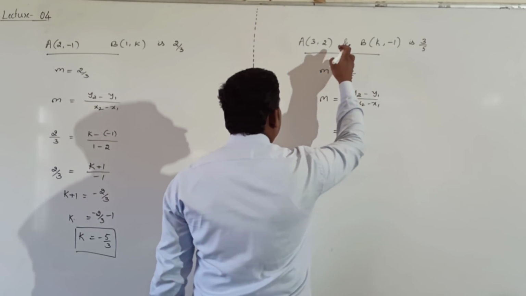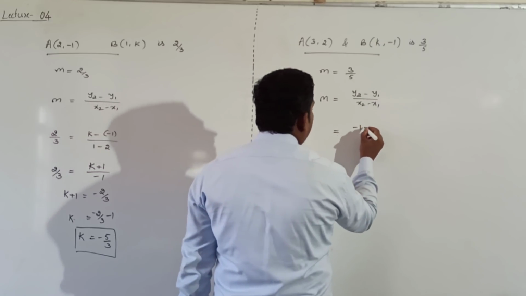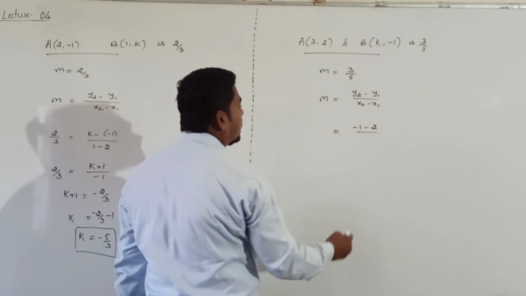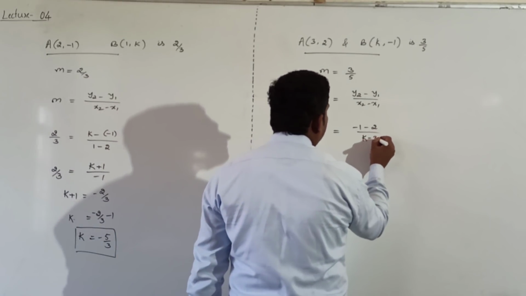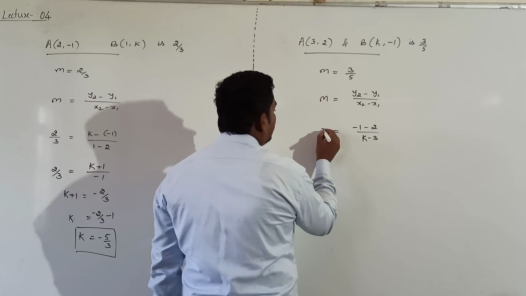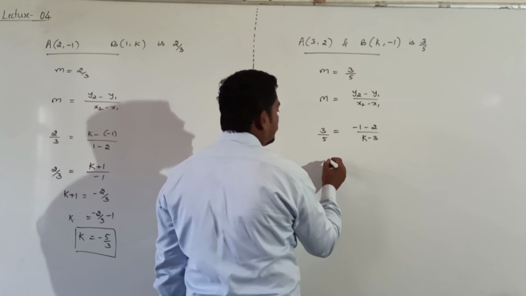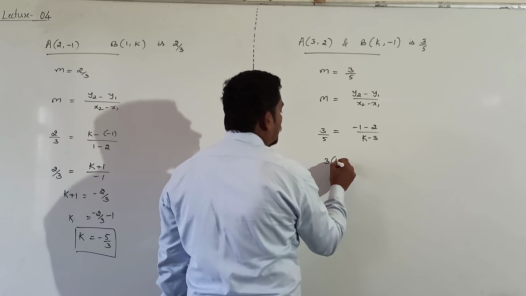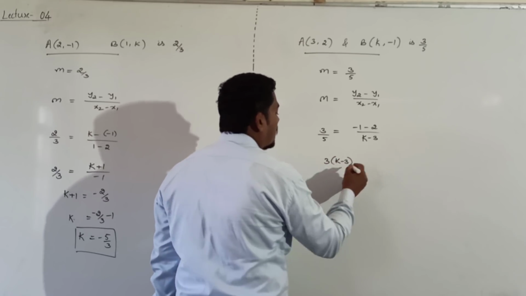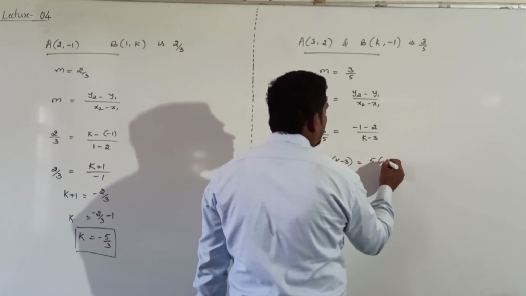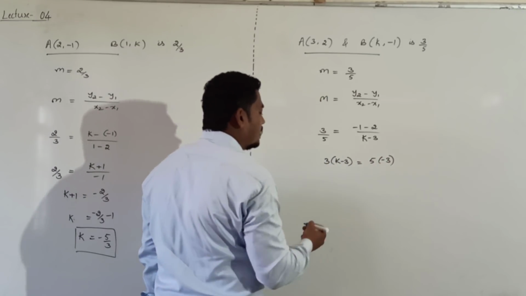Then y2 minus y1 is minus 1 minus 2, divided by k minus 3, and the m value is 3 divided by 5. Now just cross multiplication: 3 into k minus 3 is equal to 5 into minus 3, right?